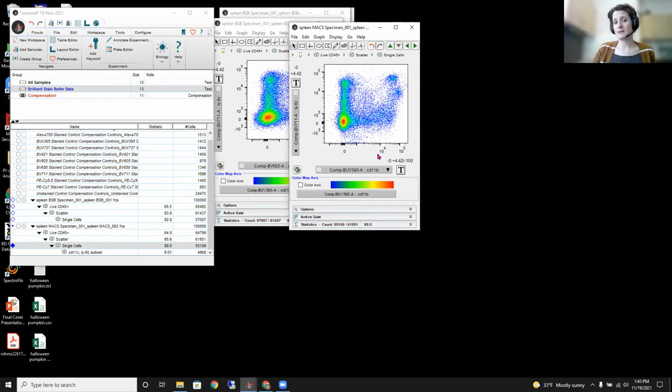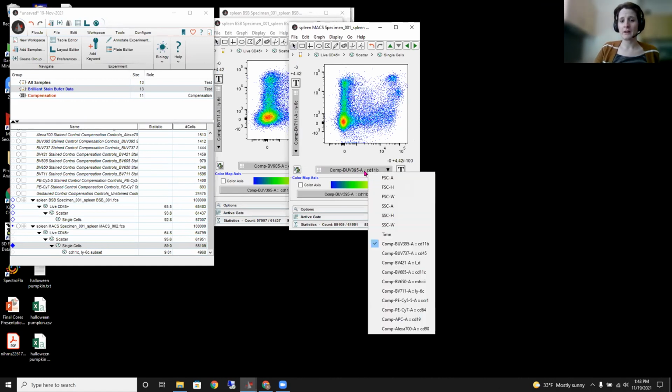Absolutely, and that's a great point, because if we look at BUV395 and BB711, let's focus on the fluorochromes and not the markers, we don't really see that issue, right? So depending on how you're looking at your data, it could really change whether or not you're identifying those problems.